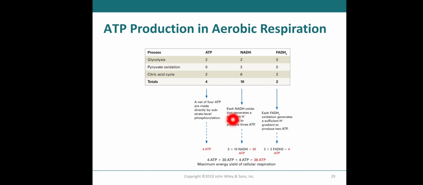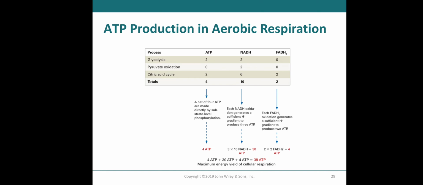From direct ATP production, you have a total of 4 ATP. Then the NADH that comes from these processes generates around 3 ATPs per NADH, so you have a total of 30 ATPs.